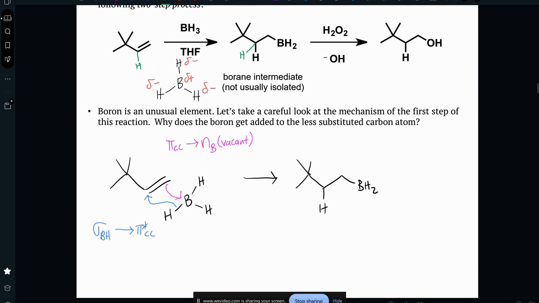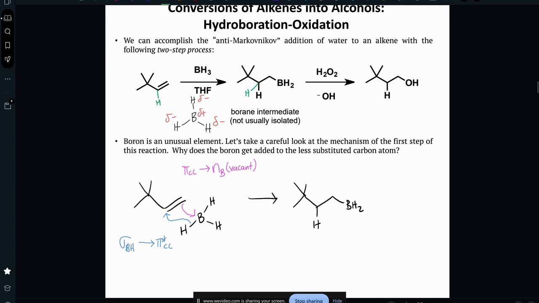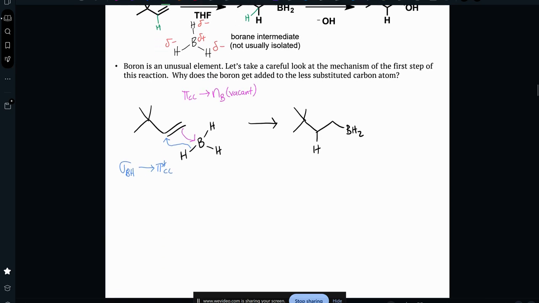But we've added boron to one carbon and hydrogen to the other one. Okay. So boron gets added to the less substituted carbon atom because that leaves the partial positive on the more substituted carbon. This step follows Markovnikov's rule.